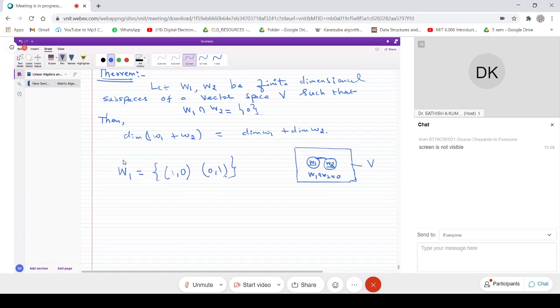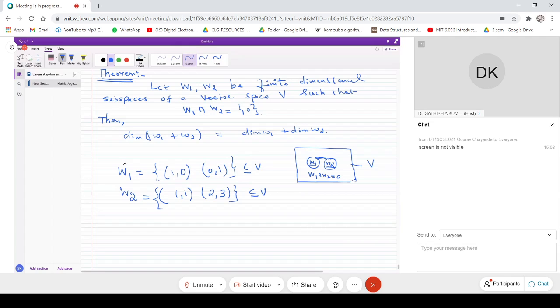And similarly W2, let's say 1 comma 1, 2 comma 3, something like that. So we have chosen two subspaces of a vector space V.